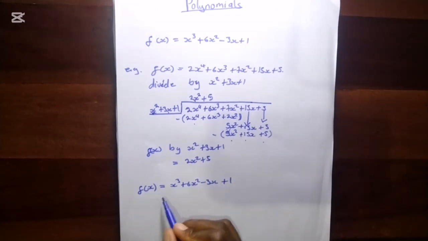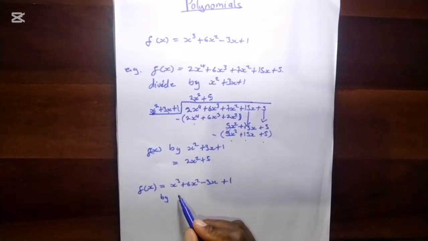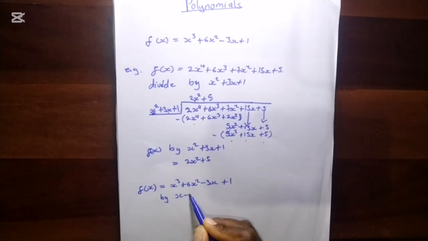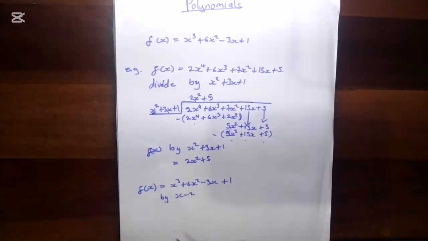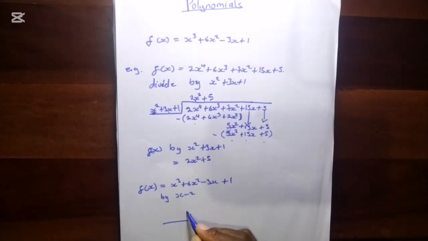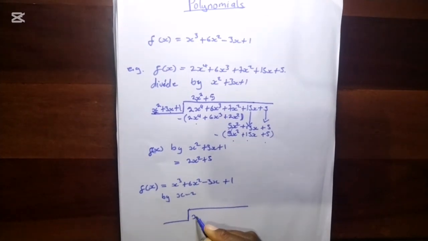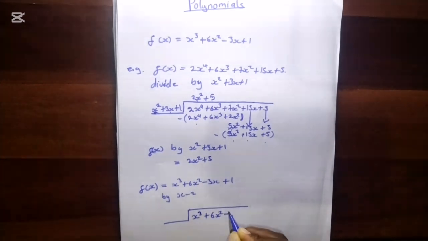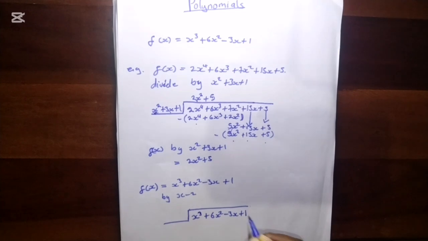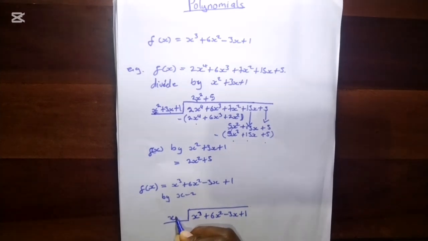Okay, and we want to divide our f of x by x minus 2. So we go back, use our long division, then put our f of x there, divided by x minus 2.